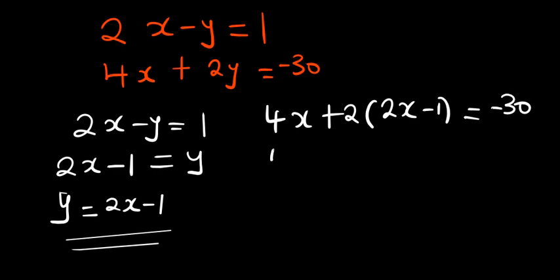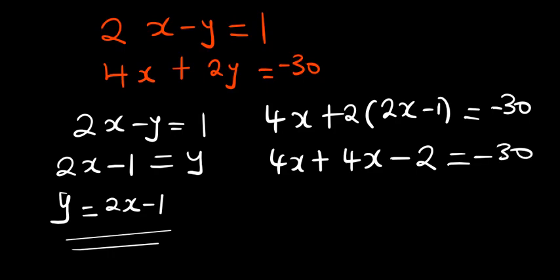Then from here, the 2 is going to multiply with everything in the brackets. 2 multiplied by 2x, that is 4x, minus 2 multiplied by 1, that is 2, is equal to negative 30. Then from there, 4x plus 4x will give us 8x.